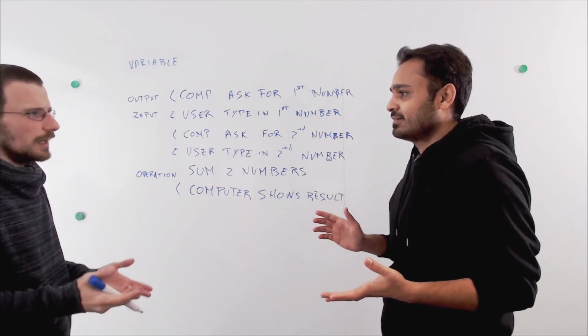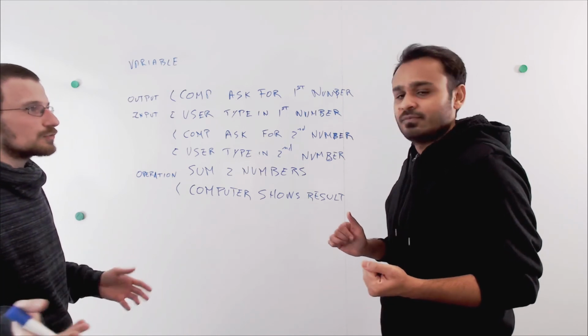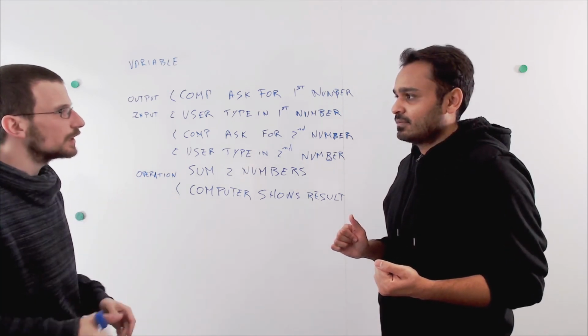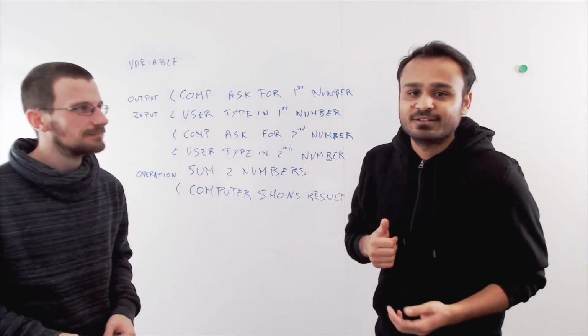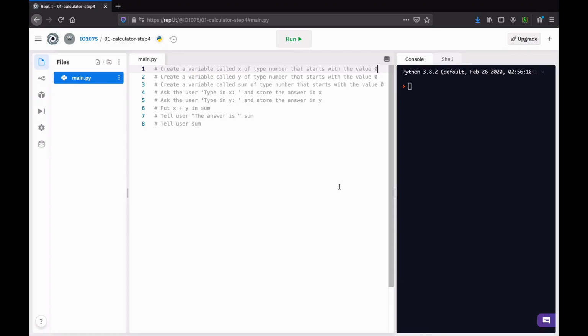So now I think we could try to translate this algorithm into Python code. Shall we do that now? Let's go. So here we are in our Replit environment, where we have the main.py, the file where we write the code, the run button to execute it, and the terminal to show the result.